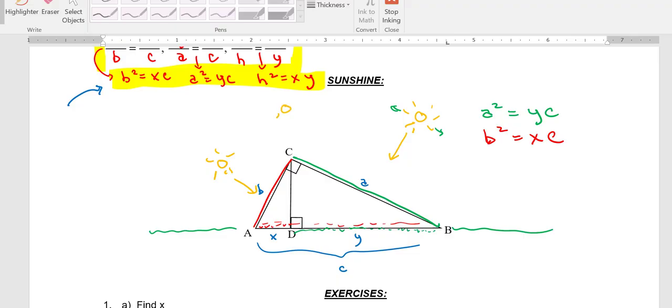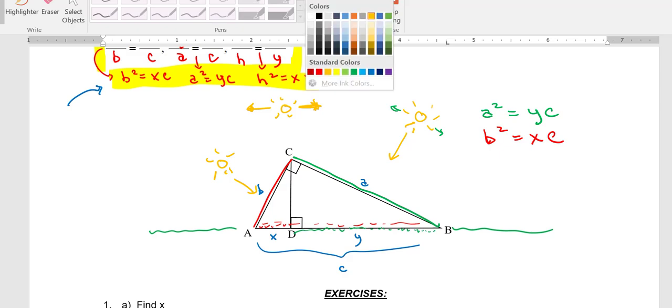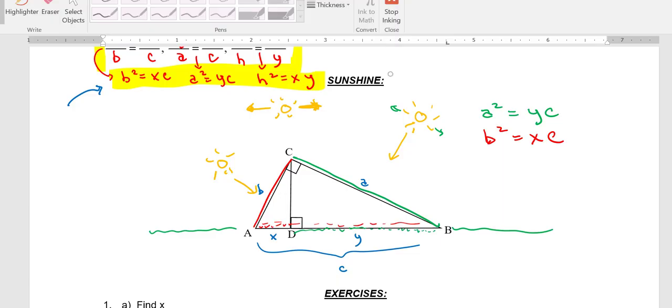And then here's where it's a little bit of a push. I'm going to put the sun up here, and it's going to shine, shifting either to my right or to my left, on this piece right here.